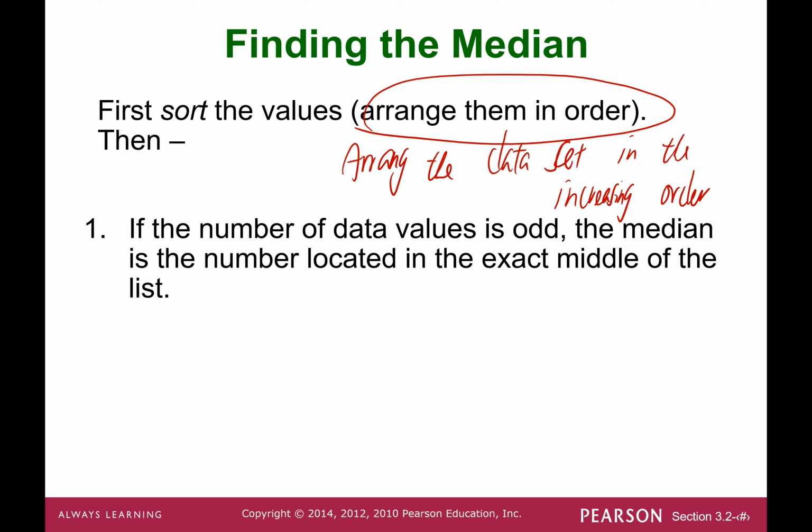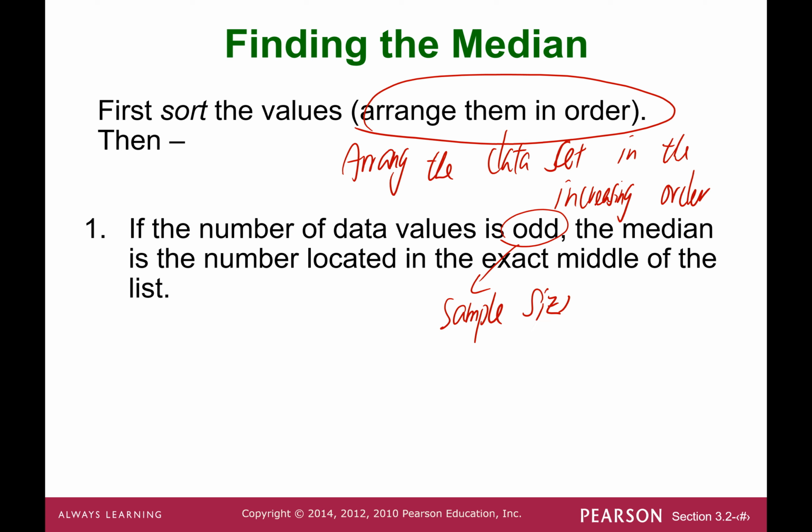If the number of data values is odd, meaning the sample size is odd, then the median is located in the exact middle. So the middle one is the median.